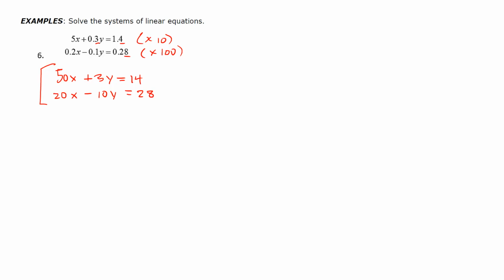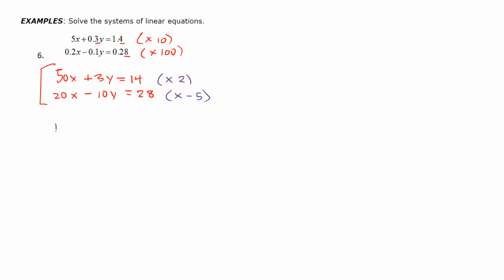Either one. I can either make the coefficients for the y opposites, or I can make the coefficients for the x the opposites. And I'm going to do the x this time. So I'm going to multiply the first equation by 2 and the second equation by -5. That way I get 100, but of course opposite signs so that they can cancel out.